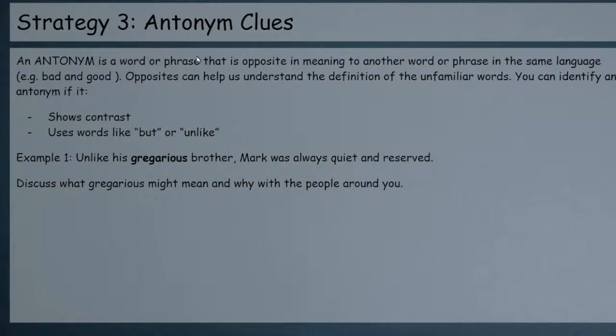Here, this example uses the word unlike, so there must be an antonym to gregarious in here. You have to find that antonym, and based off of the antonym, guess what the word gregarious means.